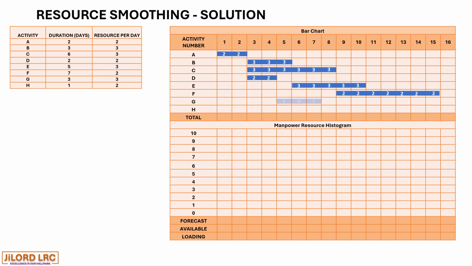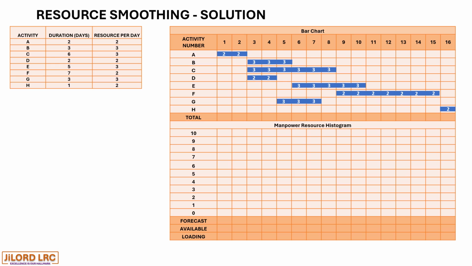And we have G having duration of 3 days with resource per day as 3. And we have activity H having a 1-day duration with resource per day as 2.